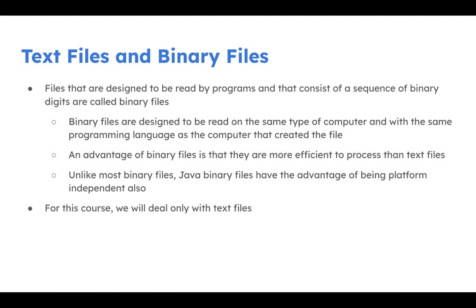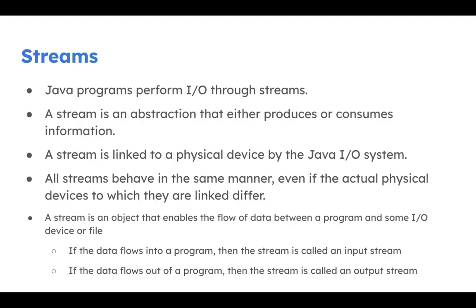Java works around that limitation, as Java binary files are platform independent. That means wherever the Java application is written, the files written on any platform would be the same when you're using the JVM. But we will primarily be using text files, which is also a very standard way to use now.